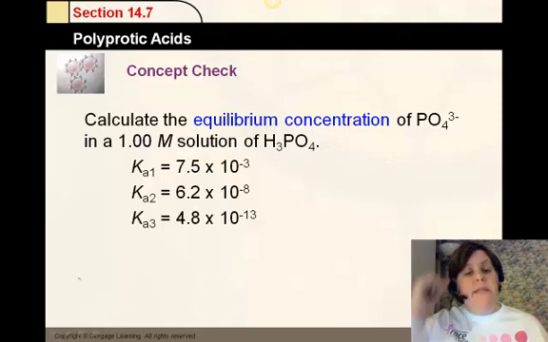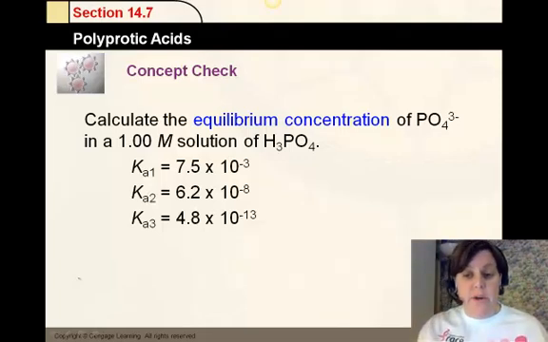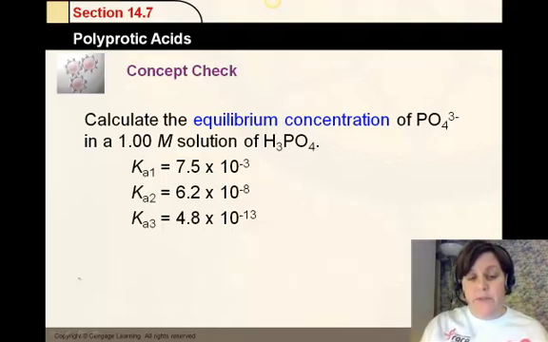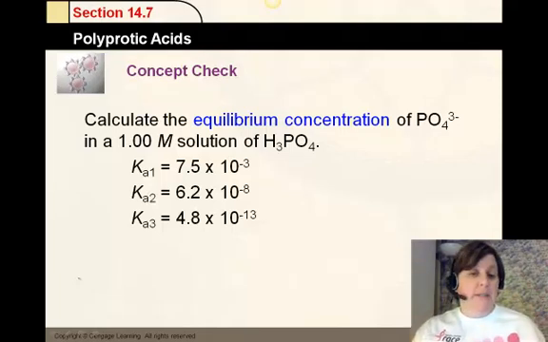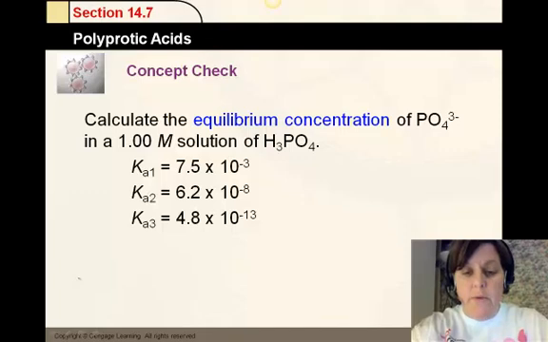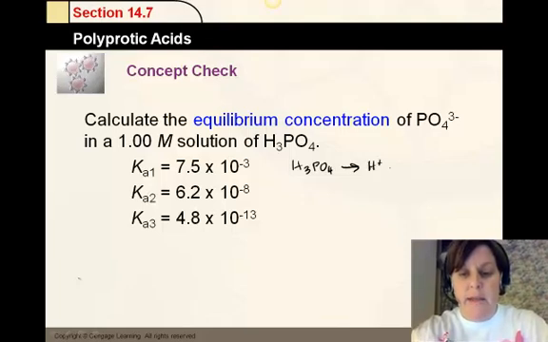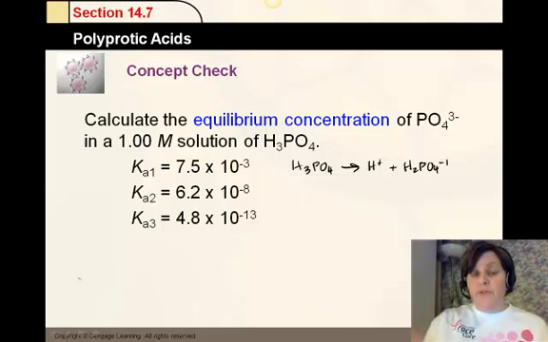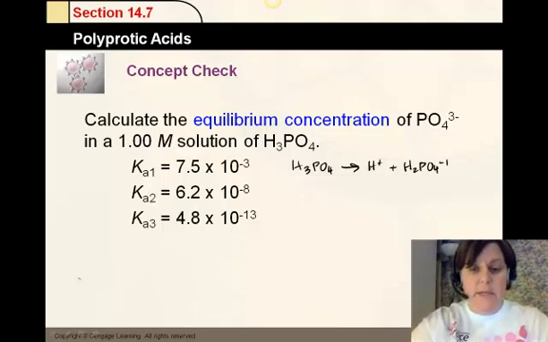So let's calculate the equilibrium concentration of PO4 negative 3 in a 1 molar solution of H3PO4. This becomes a little bit more exciting because you will notice that the reaction I wrote before didn't have any PO4 negative 3. It had H2PO4 negative 1, after the first hydrogen has been released.